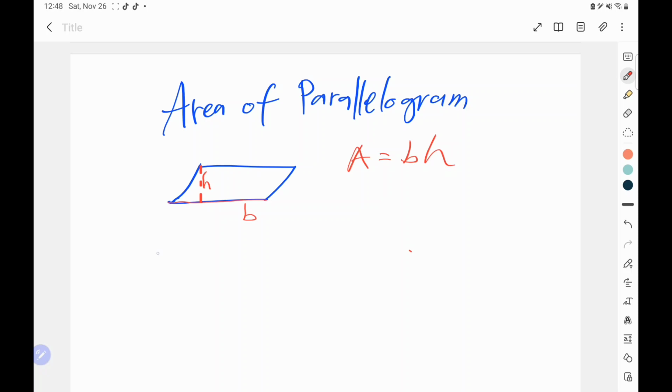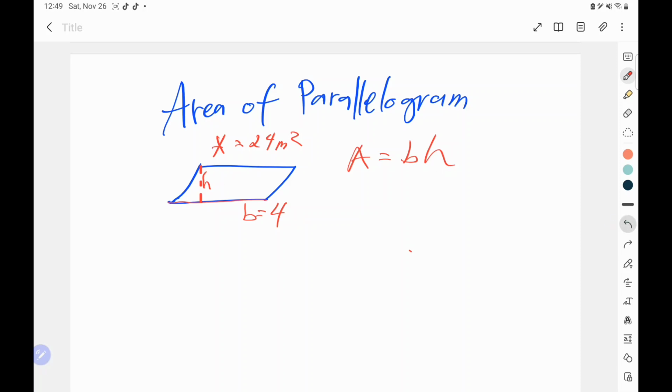So for example, we have your base here as, let's say, 4, and then your area is, let's say, 24 meters squared. All right, find the height. That means find height, correct?